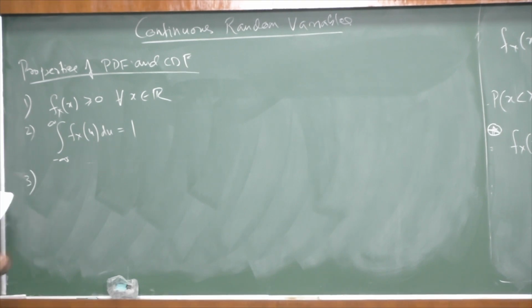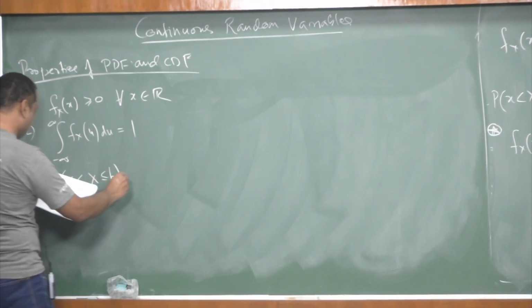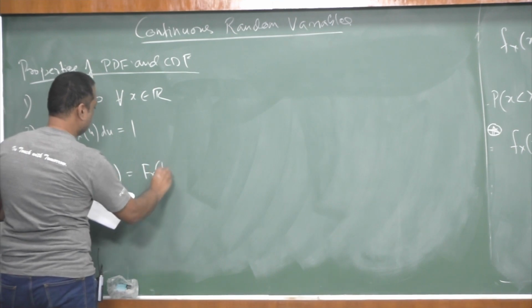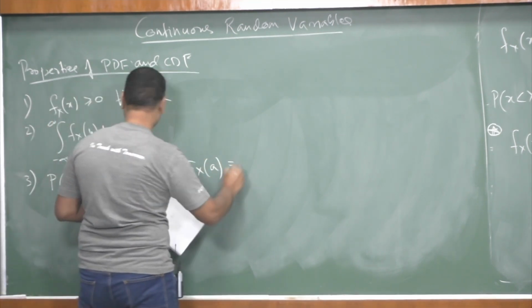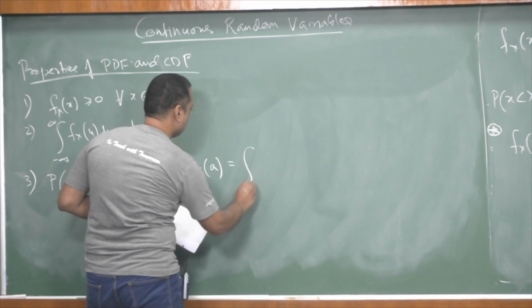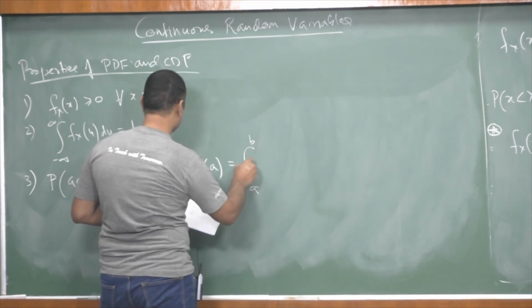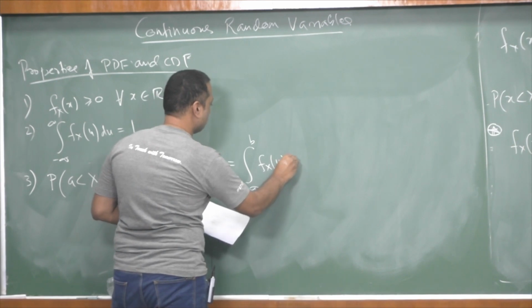And if you want to compute the probability in an interval, then probability of a less than X less than or equal to b is F_X(b) minus F_X(a), which in the form of an integral will be the integral from a to b of f_X(u) du.